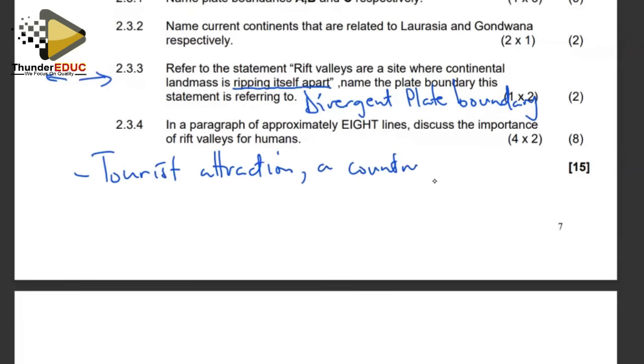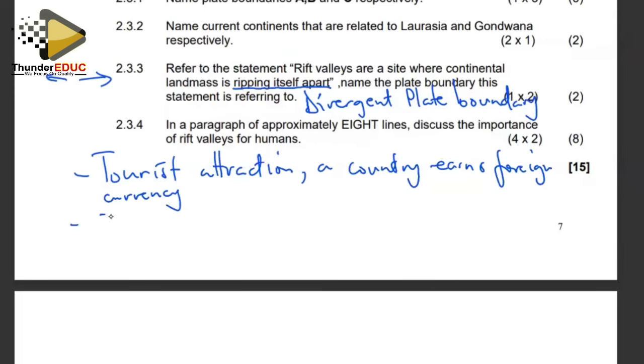A country earns foreign currency because we are attracting tourists to view the rift valleys, so it's very important for that sake.